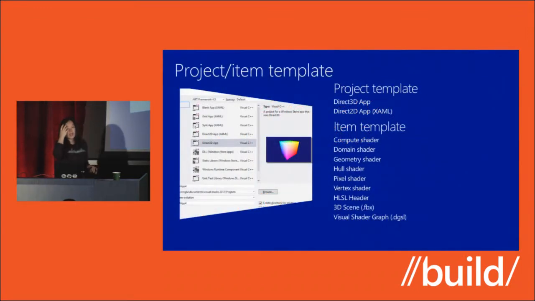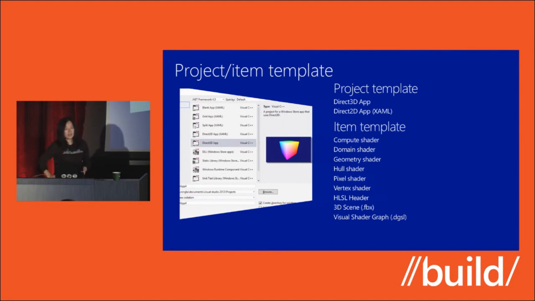Just to recap what we just saw. I showed you a bunch of templates. There are project templates, there are item templates. We have a number of shader templates, and at the bottom there are actually two more, which I will show you a little bit later. They help you define shaders in a visual designer and help you create 3D scenes.